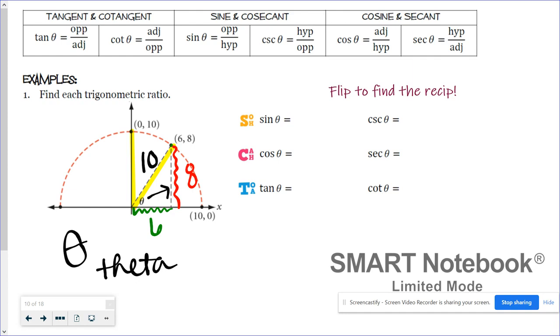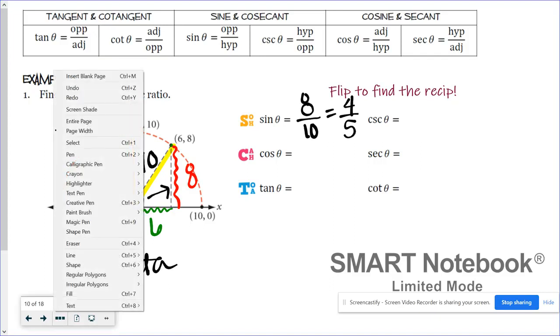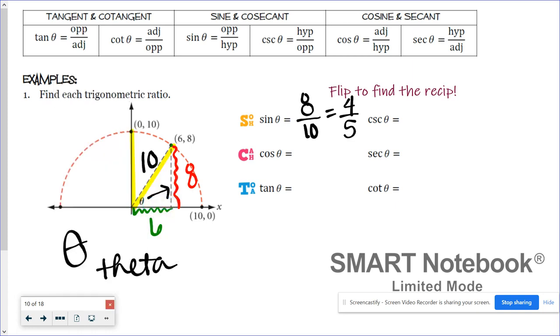Okay. So sine of theta is going to be opposite over hypotenuse. So the opposite is 8 and the hypotenuse is 10. And of course I should reduce this. So sine is 4 over 5. And then when it comes to cosecant, I can just flip to find the recip. So if I flip 4 over 5, I get 5 over 4, and that is cosecant.